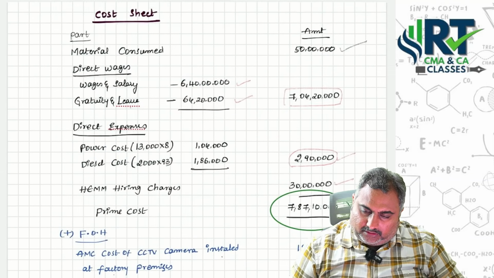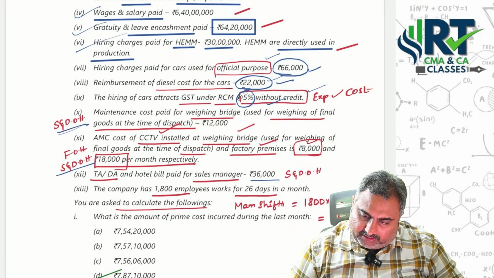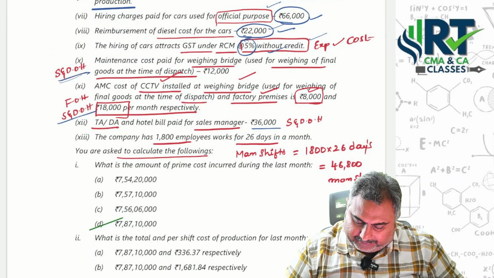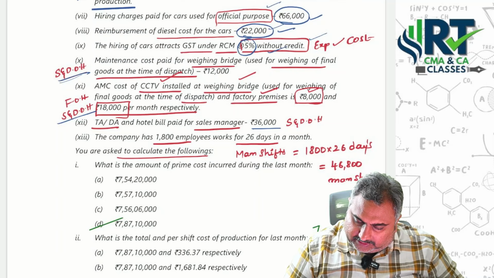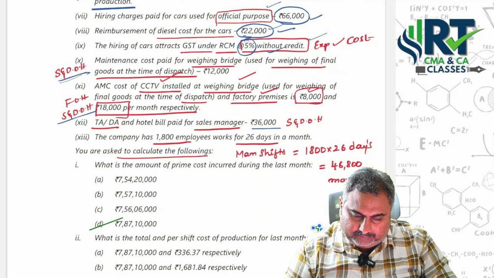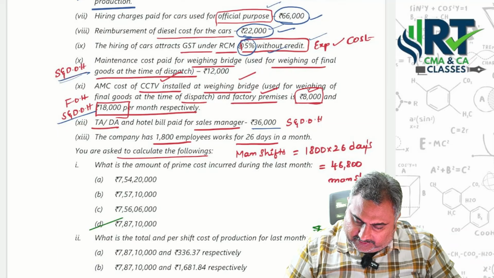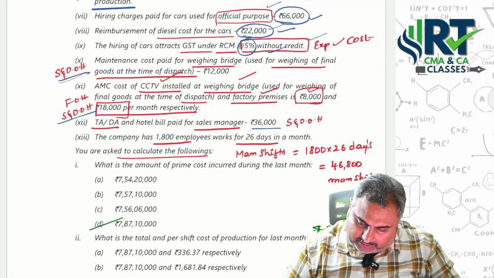Already we calculated here, 46,800. Let's see the calculation. 7 crore 87 lakh 28,000. This is the total cost of production.